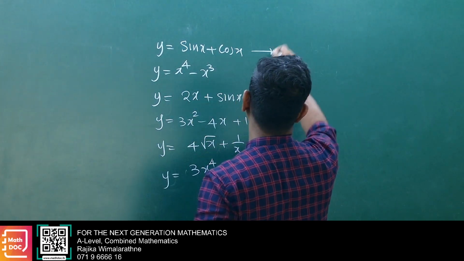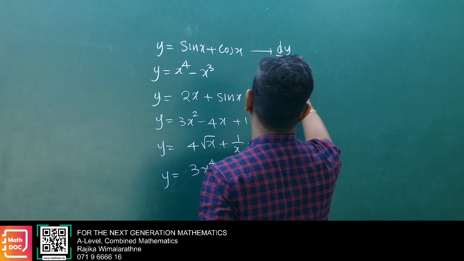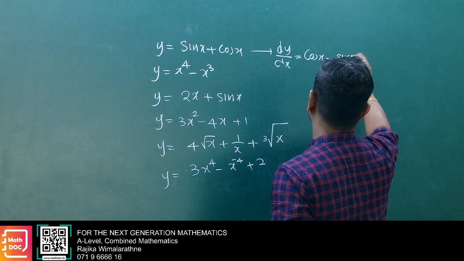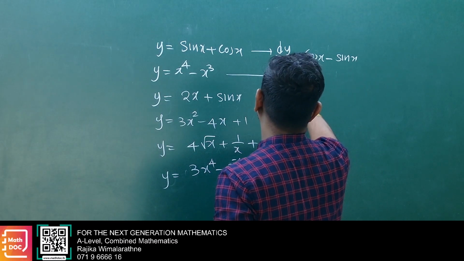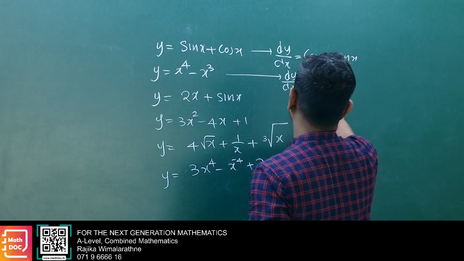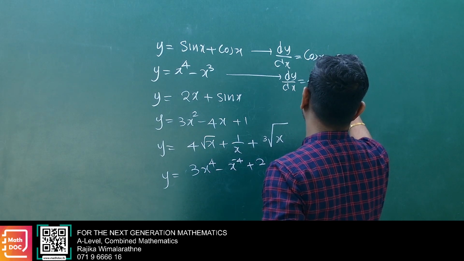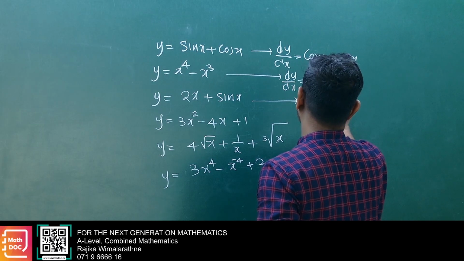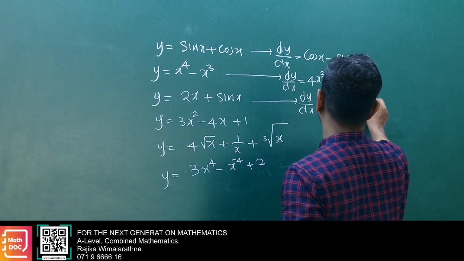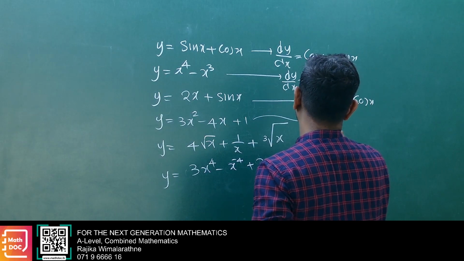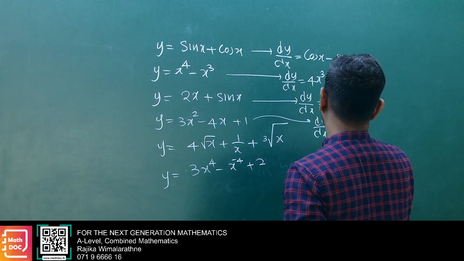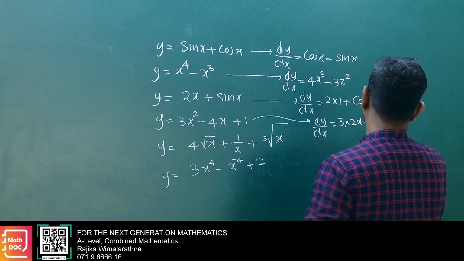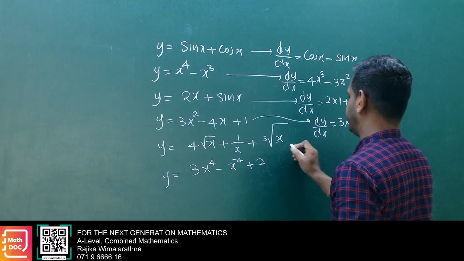Derivatives. Here dy by dx: cos x derivative is minus sine. dy by dx: 4x cube gives 3x squared. dy by dx: 2 times 1, sin x derivative is cos. dy by dx: 3 into x squared derivative 2x, 4 into x derivative 1, constant derivative 0.